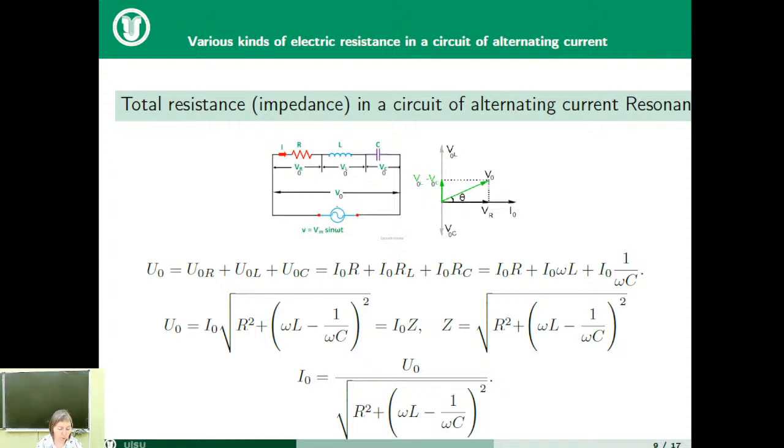This phenomenon is known as electric resonance, which is provided by selecting corresponding L and C. Resonance in the series circuit is called resonance of voltage, as this occurs mutual compensation of voltages UL and UC. Each of UL and UC can significantly exceed the voltage U applied to the circuit.